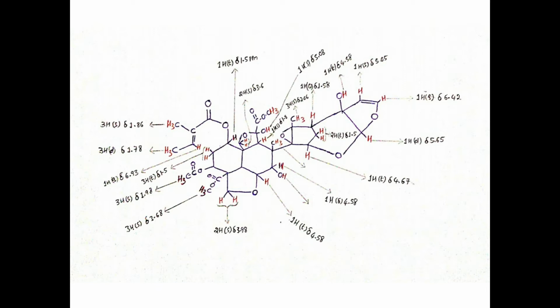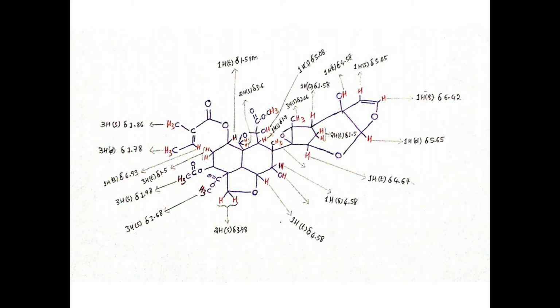In the previous class, we discussed the constitution of azadirachtin. The major structure of azadirachtin was established using spectral data. So by using this spectral data, we confirmed the structure.